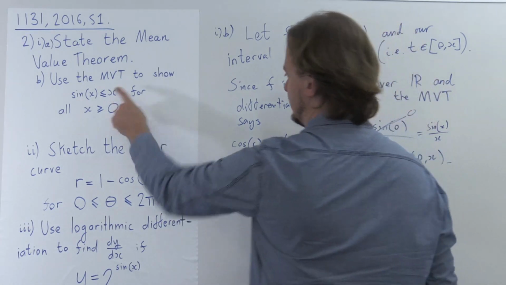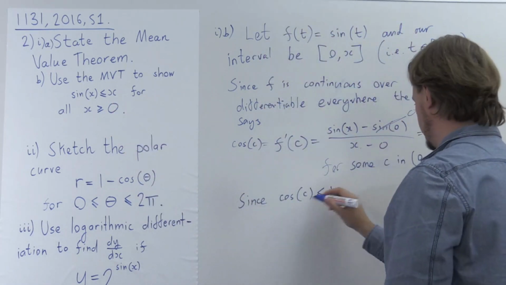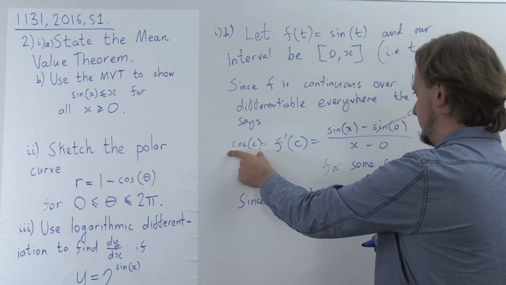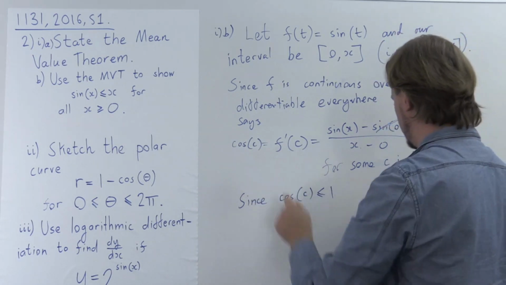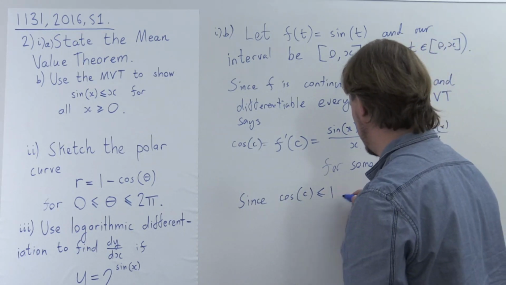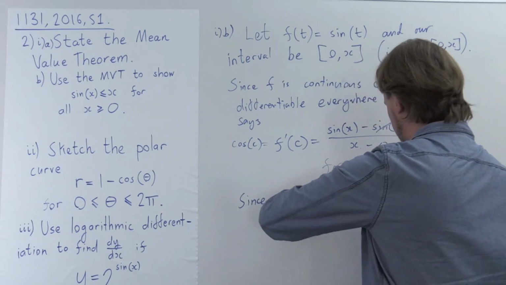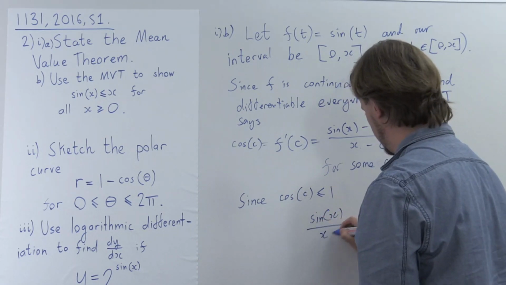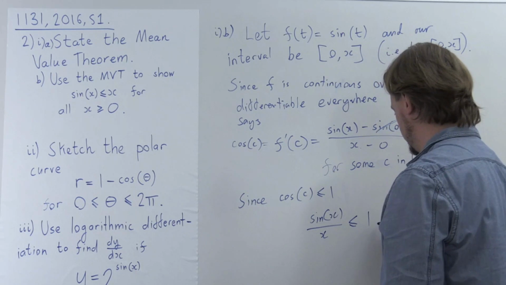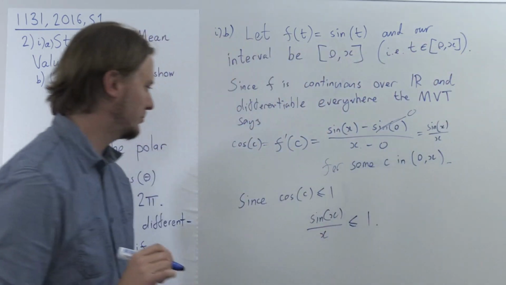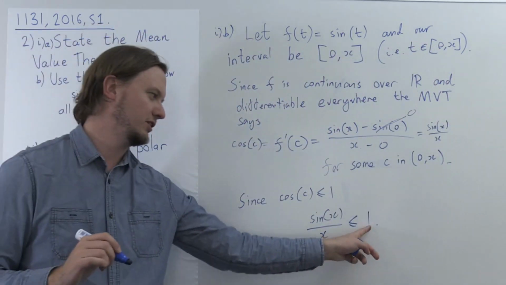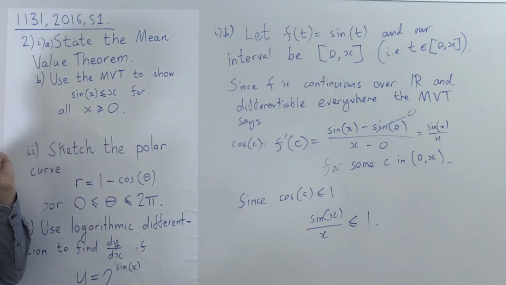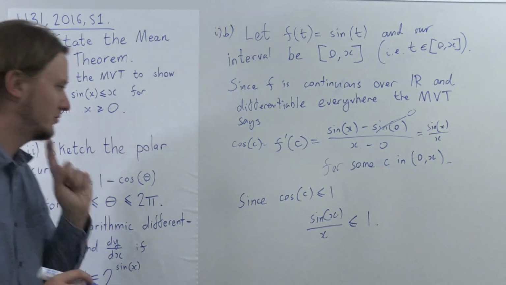The question does say less than or equal to, so since that's always true, sine of x over x is less than or equal to 1. That's fairly close to what we want to prove. I'd like to bring this x onto the other side, and I have to use the fact that x has to be positive for this to work, otherwise I'll flip my inequality.